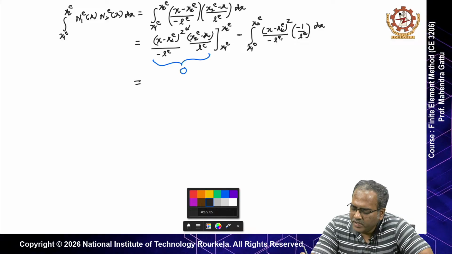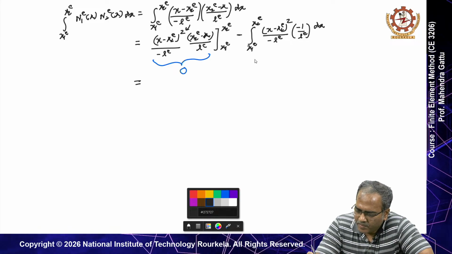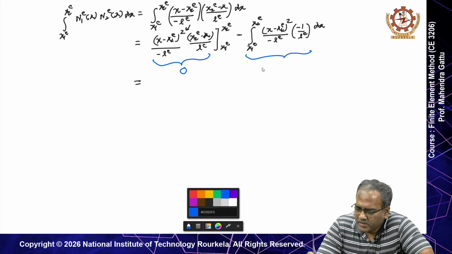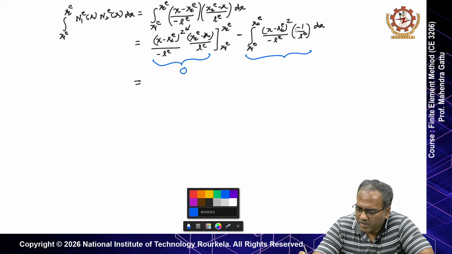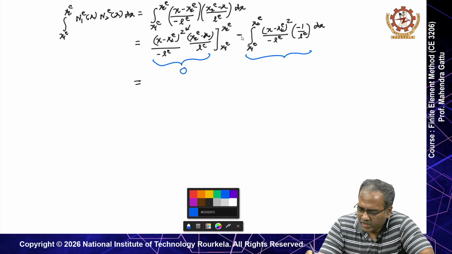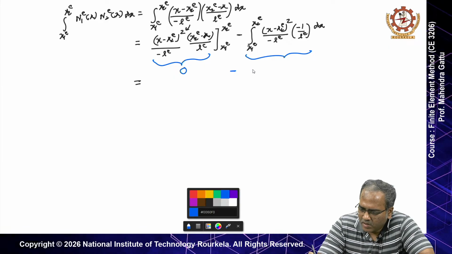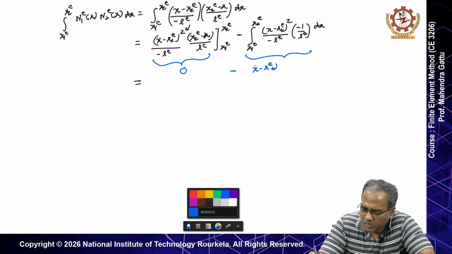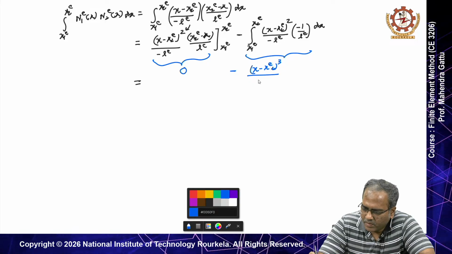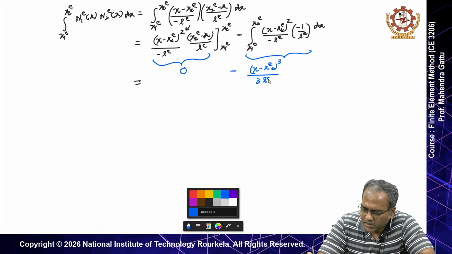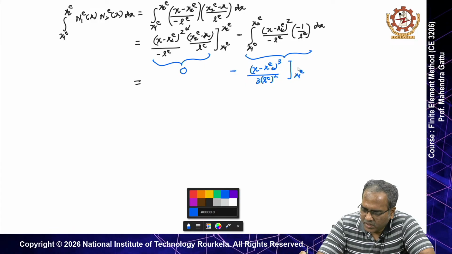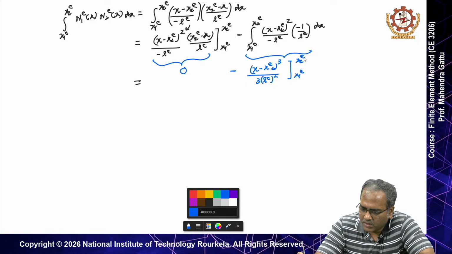So, this term will be x minus x2e, okay, we will have minus minus plus. So, there will be another minus there. So, (x minus x2e) whole cube by 3 Le square, and then the limits will be x1e to x2e.